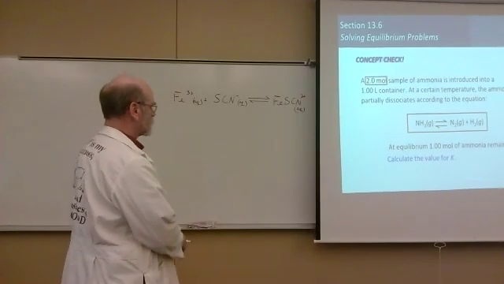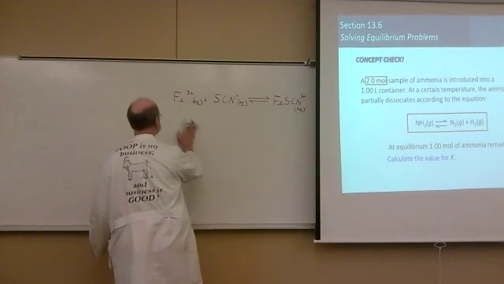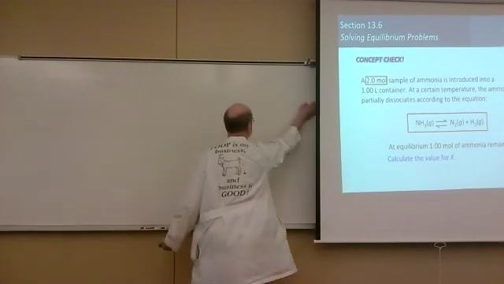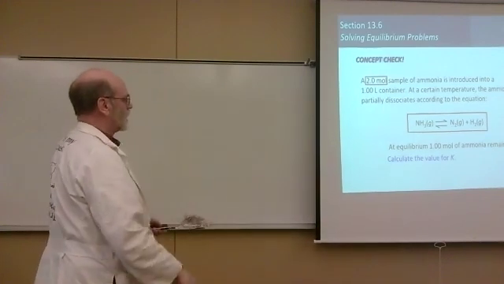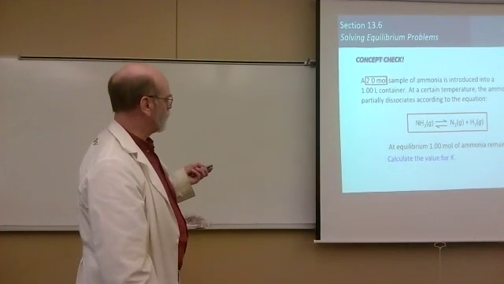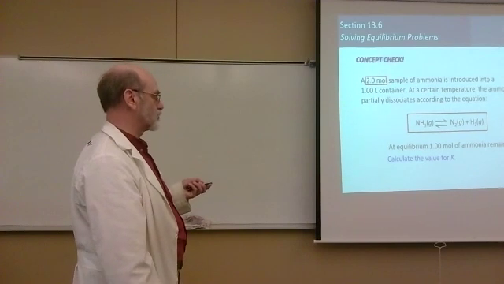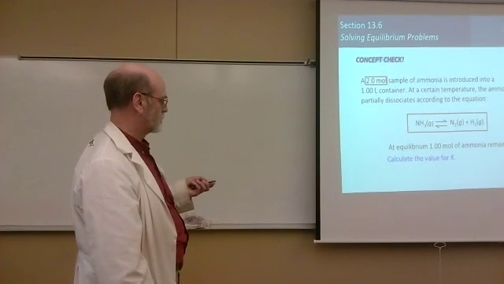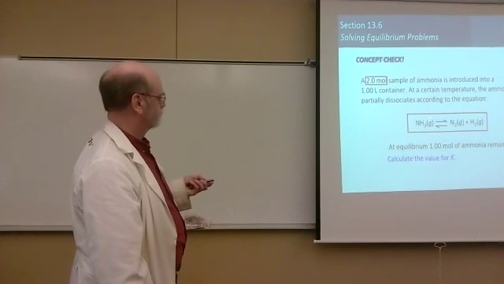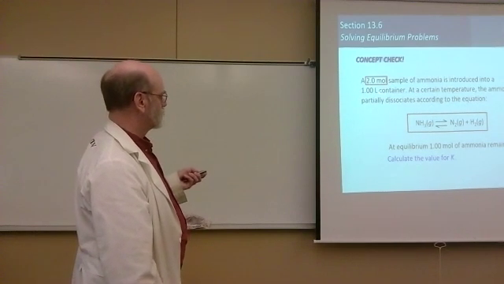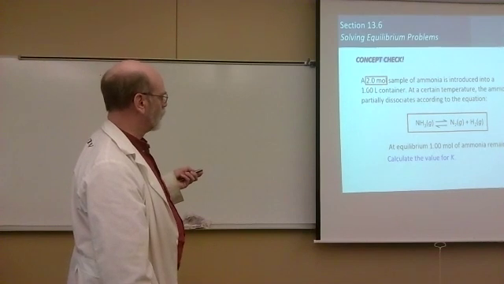Okay, here's a Haber-Bosch equation. So we're going to take a 2 mole sample of ammonia. Actually, this is the reverse of Haber-Bosch. Notice? We're decomposing ammonia. So we put 2 moles of a sample into a 1 liter container.